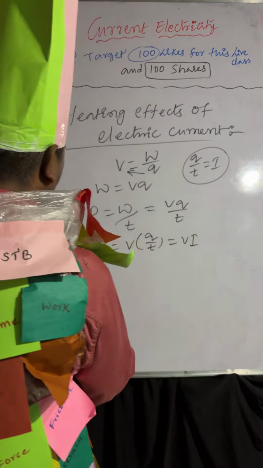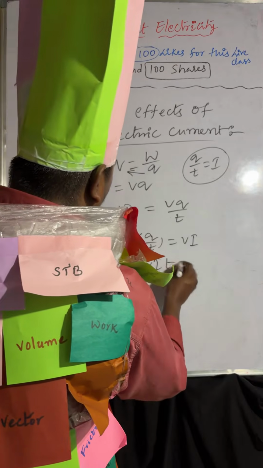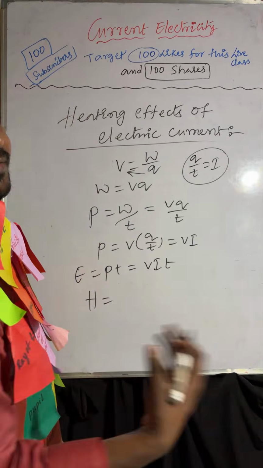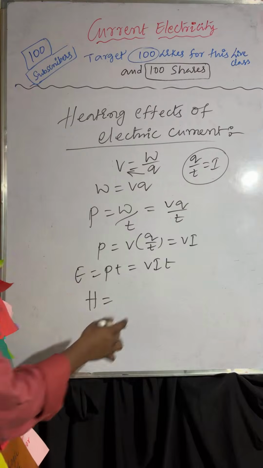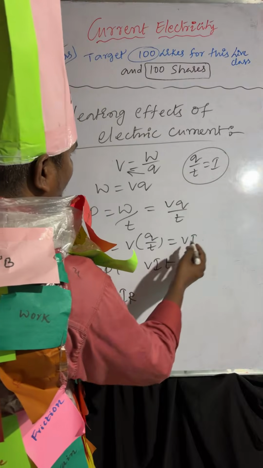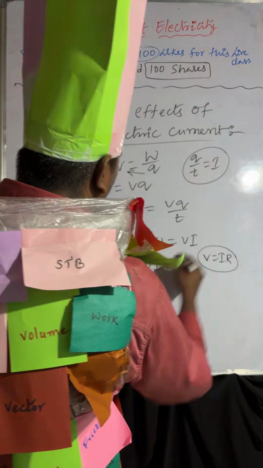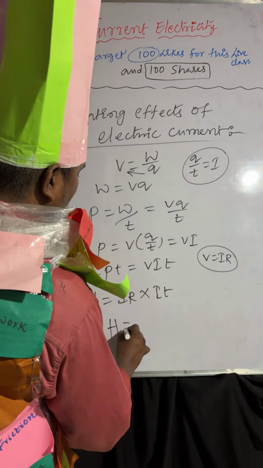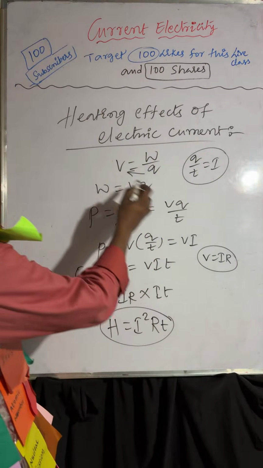Then energy E equal to P into T, so VIT. Whatever energy is given to the conductor is converted into heat. Since V equal to IR, H equal to IR into I into T, so H equal to I square RT. Understood or not? Check once.